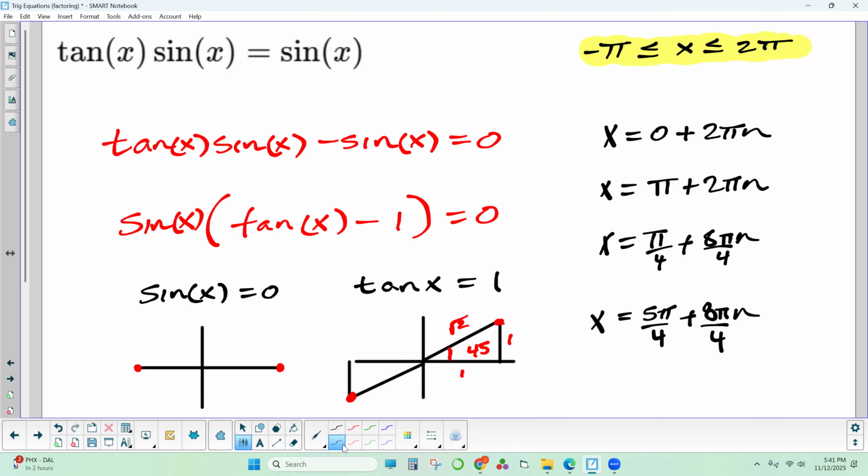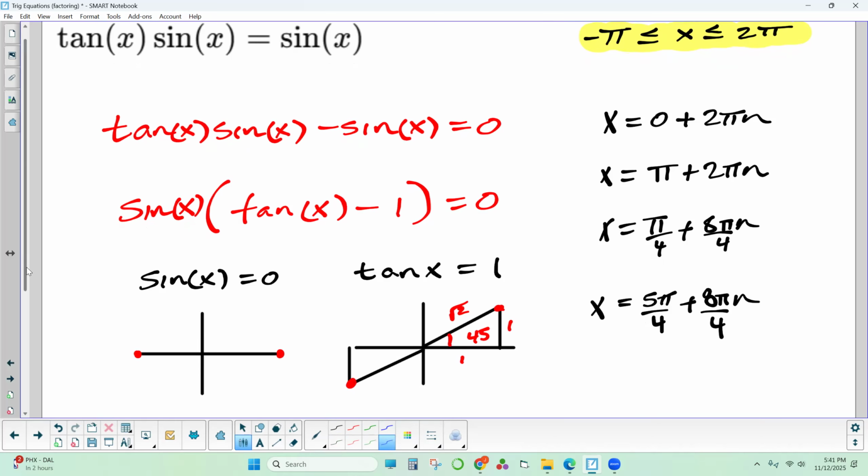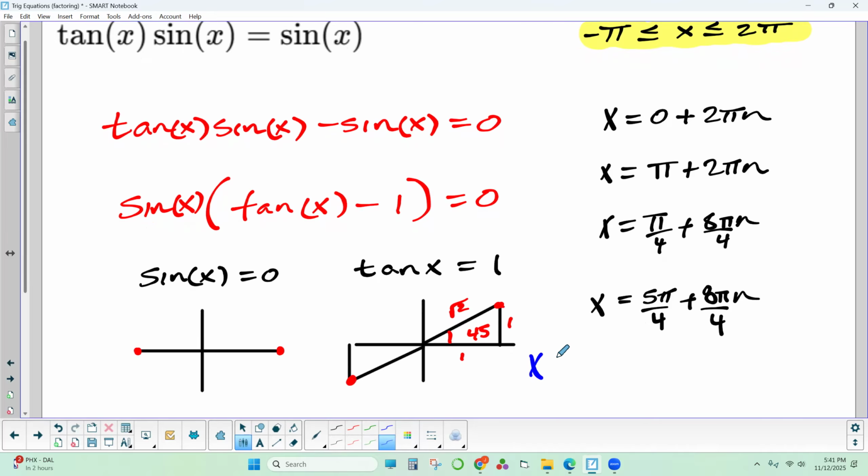I'll take my first angle, which is 0. 0 is definitely between negative pi and 2 pi. If I subtract 2 pi, I've gone too far to the negative. If I add 2 pi, that is an angle in my interval because 2 pi is included. And that's as far as we can go there.